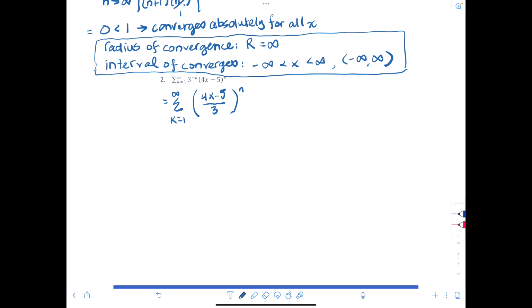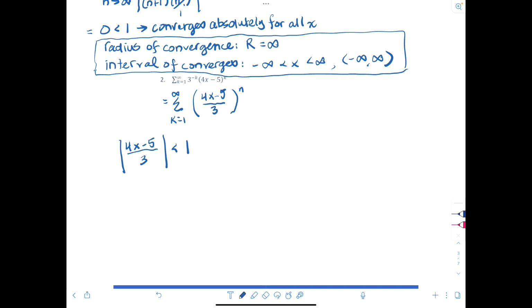to the n. Now we know that things that are geometric in form are going to converge when the absolute value of what's being raised to the n is less than 1. Good so far?